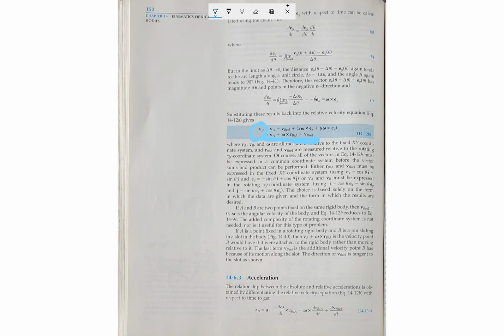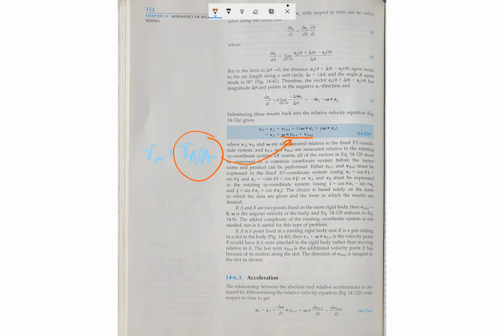Okay, that's a mouthful, but there really is not much extra going on as long as you understand that there is basically a term that we used to have, which was velocity A plus velocity of B relative to A. The velocity of B relative to A is this piece with the fact that the axis is rotating.